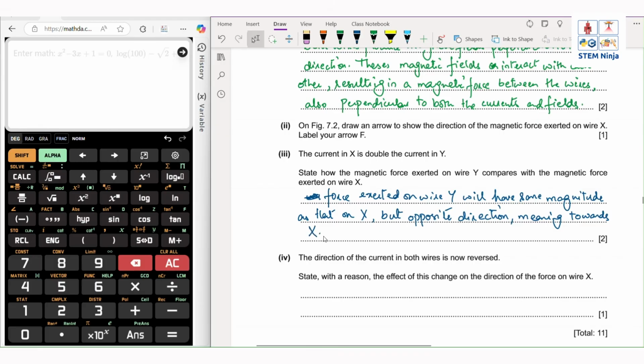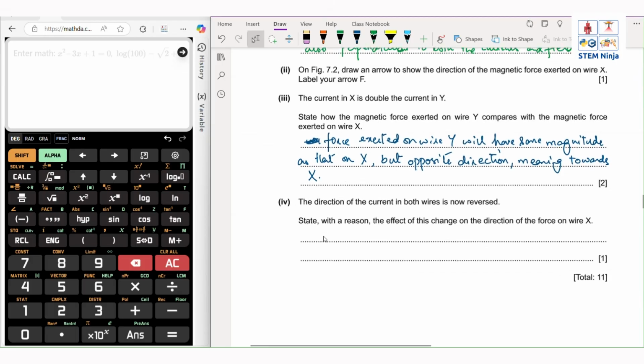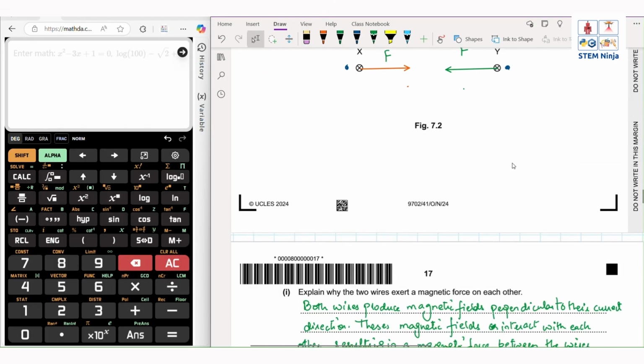The direction of the current in both wires is now reversed. State with a reason the effect of this change on the direction of the force on wire X. As we just said, as long as both the currents are in the same direction, the forces will be attractive. So even if we change the direction of both currents at the same time, the forces will remain towards each other.